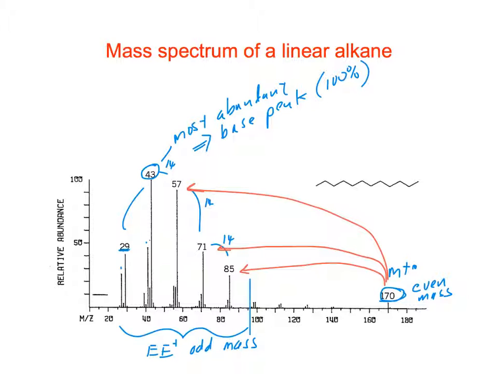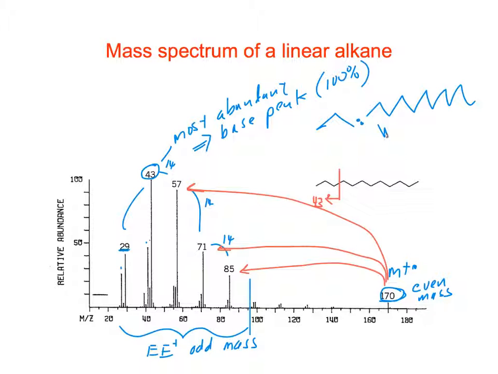So 43 would be cleaving here, and the charge would be going on this side. That's 3 carbons. Like I mentioned before, let's draw this bond with 2 electrons in it. However, I'm not going to count those.